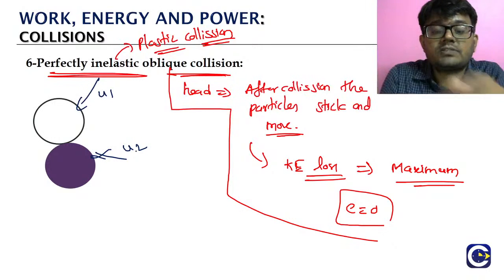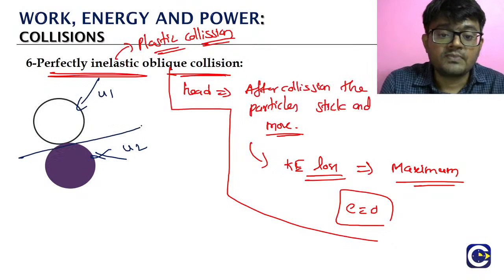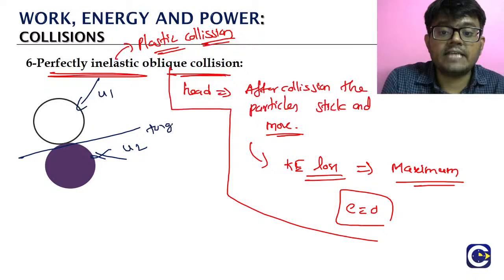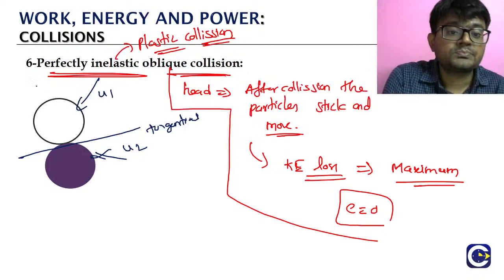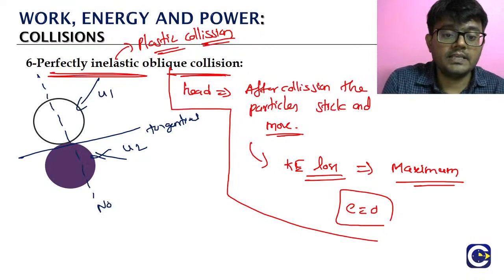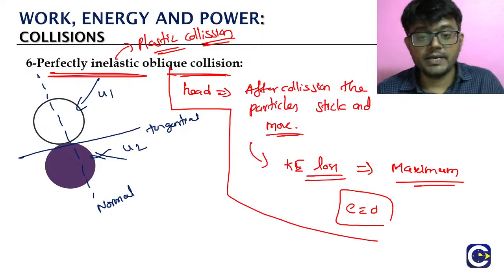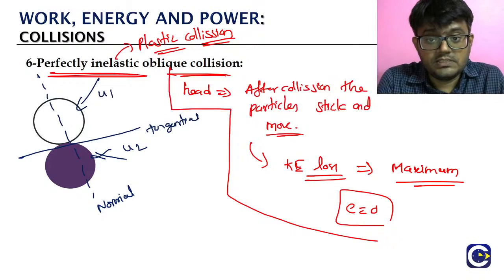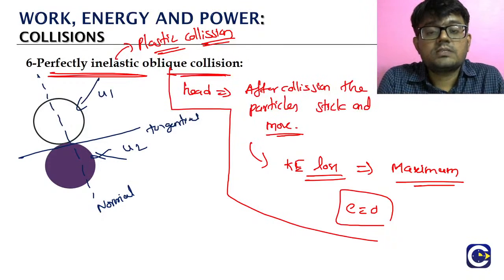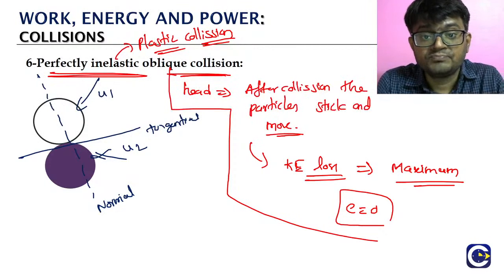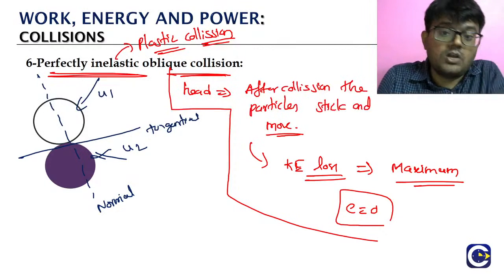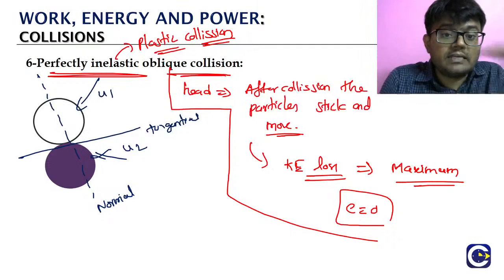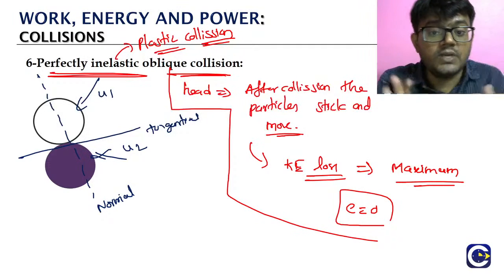If the objects are having velocities u1 and u2, நம்ம அதோட components எடுக்கலாம். So tangential component, அதுக்கப்புறம் இது என்னது, normal component. Tangential components will not change. Why? Because the collision forces or the impulsive forces, right, they will only create impact along the normal line. அதனால என்ன, the tangential components of the velocities will not change.